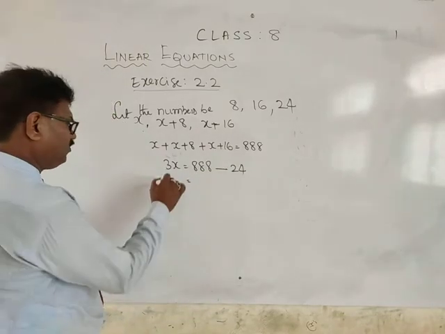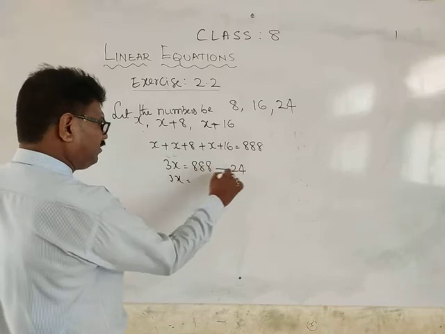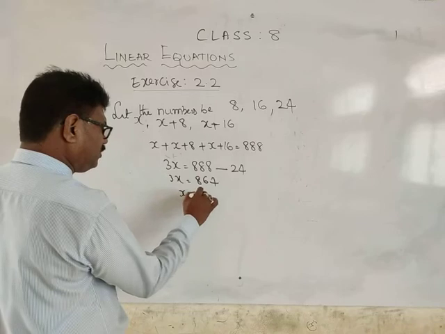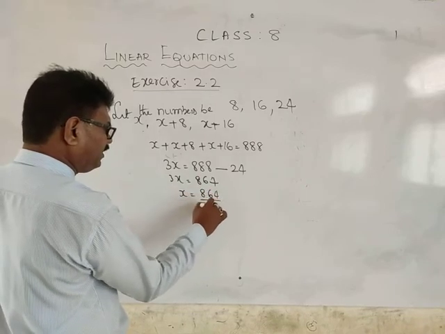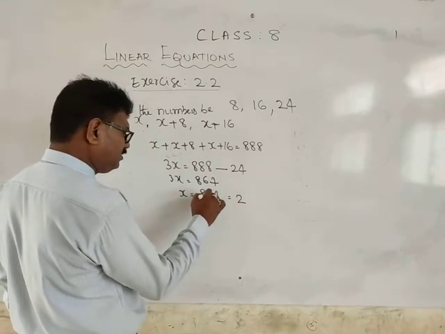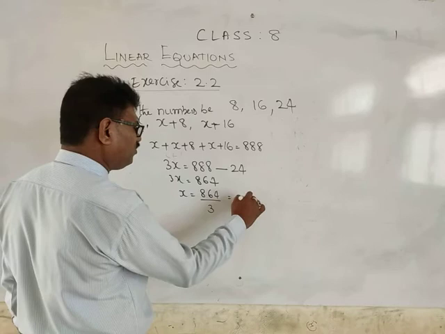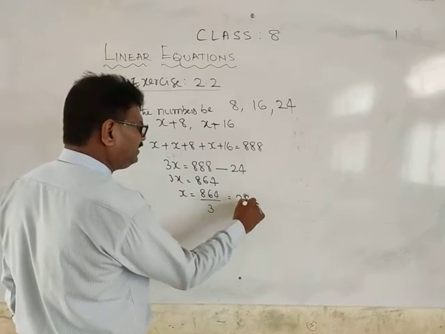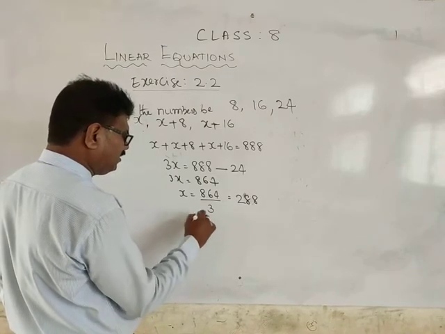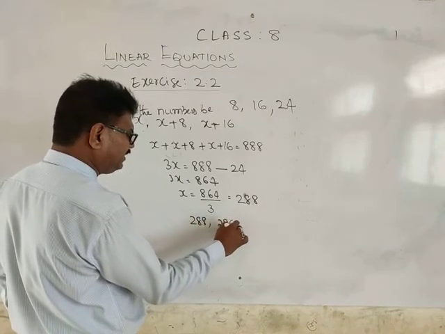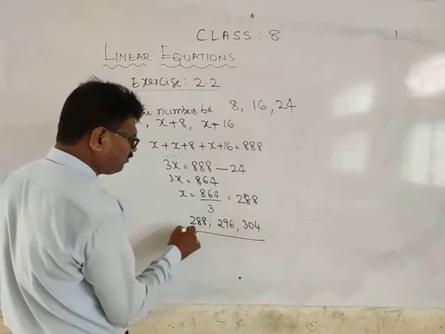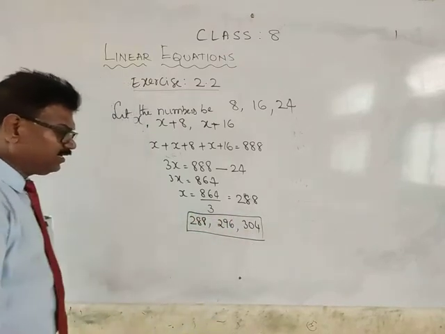Therefore, x equals 864 divided by 3. 3 2s are 6, 3 8s are 24, 3 8s are 24. Therefore, the numbers are 288, 288 plus 8, 296, plus 8, how much is it? 304. Therefore, these are the numbers.